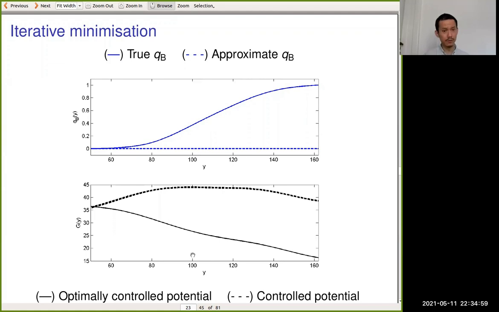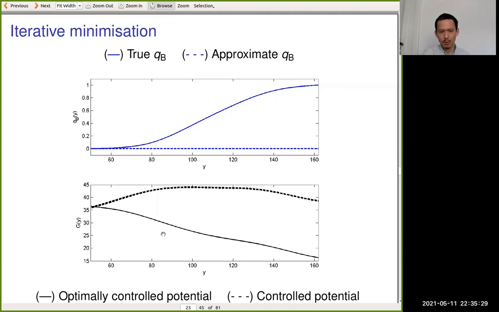We do this iteratively, of course, this being gradient descent. So at the top, you're seeing again the committor. The solid blue curve is the true committor, and the dashed blue curve is the approximate committor. And we're starting at a control of 0. So it means basically when we first do gradient descent, at our very first iteration, we're actually sampling trajectories of the equilibrium system. We're applying 0 control and we see what happens. Then from the second iteration, we'll apply a non-zero control.